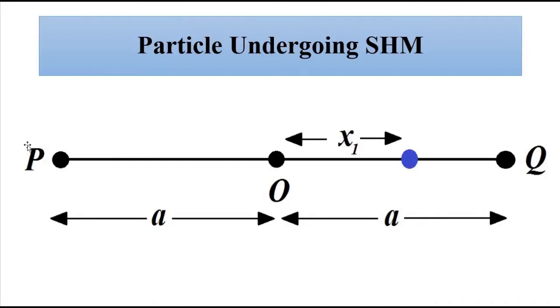of a body undergoing simple harmonic motion, in the previous video on the basic dynamics of simple harmonic motion we discussed that when a body is undergoing simple harmonic motion from one point to the other, it is acted upon by a restoring force which tries to bring it towards the equilibrium position, and that restoring force is always in the opposite direction to the displacement, the instantaneous displacement of the particle.